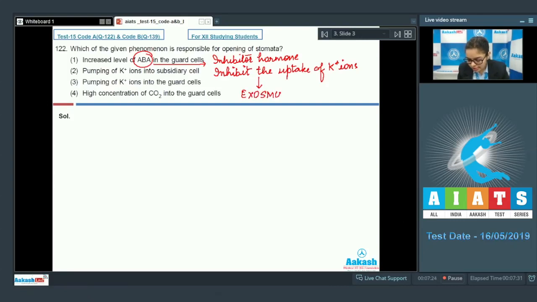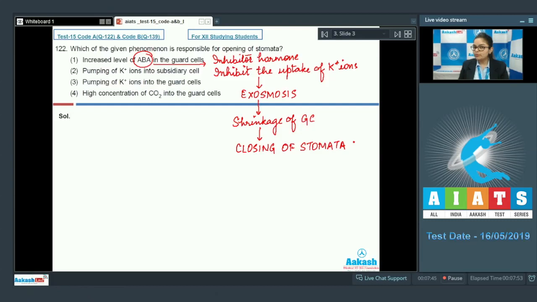So the water will get out of the guard cells, that results in shrinkage of guard cells and leading to closing of the pore. So it is responsible for closing of stomata. So option 1 will be wrong.